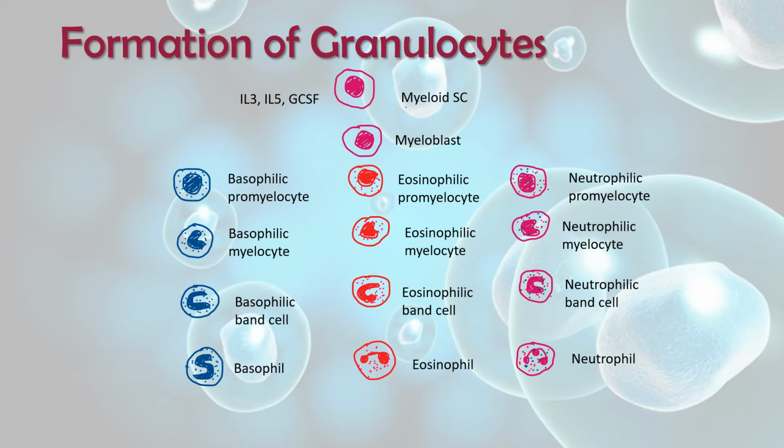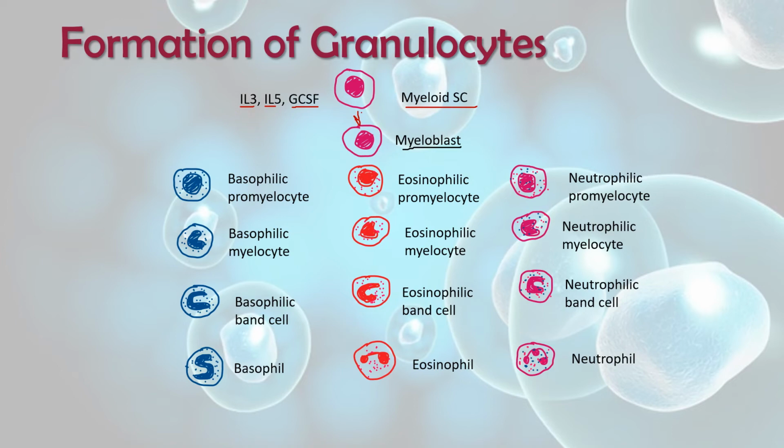So first, in myeloid stem cells, with the influence of interleukin 3, interleukin 5 and granulocyte colony stimulating factors, the myeloid stem cell, or we can say the myeloid progenitor cell, gets differentiated into myeloblast.